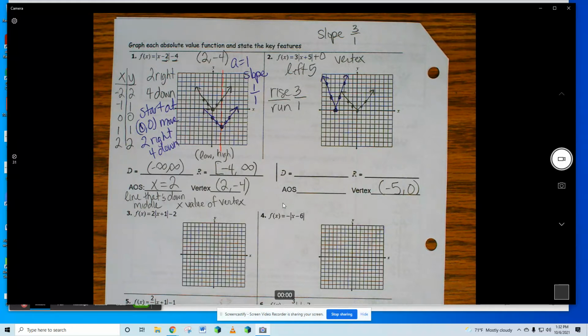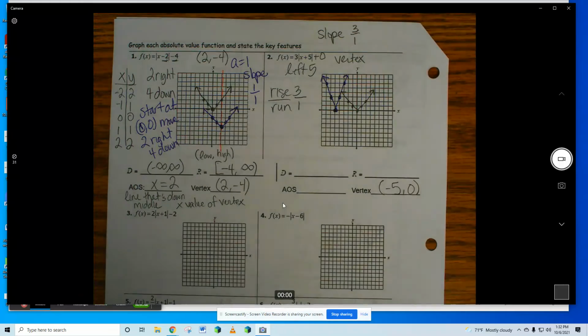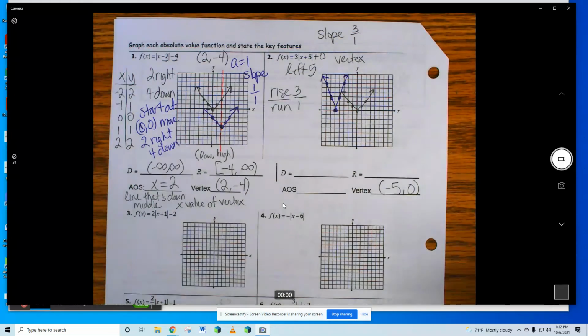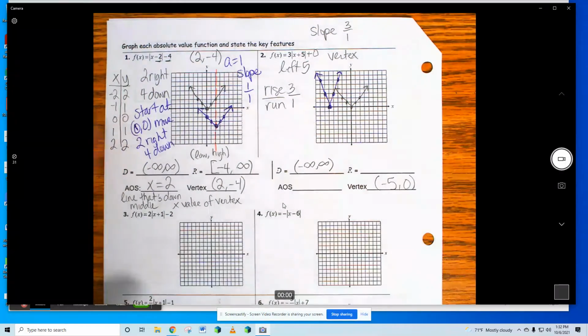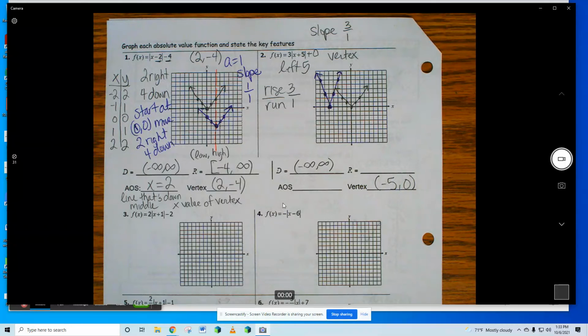What's my domain? What's my range? Write it down. Tell me, what's my domain? Yeah, negative infinity, all real numbers. But my range, however, is not all real numbers. Only straight lines have a range of all real numbers.